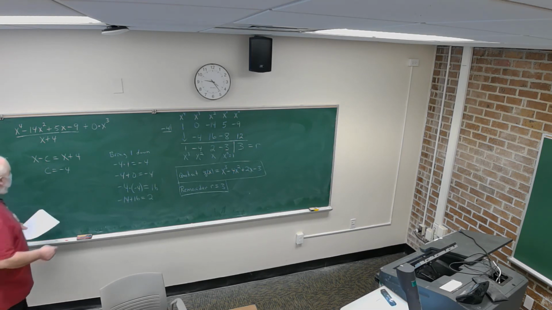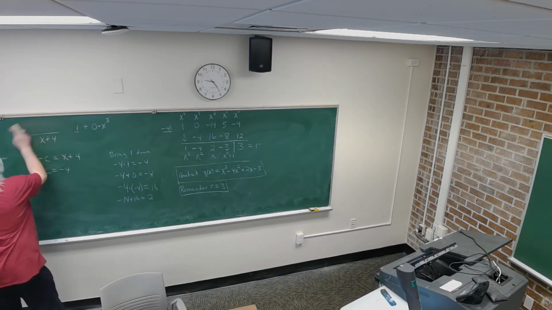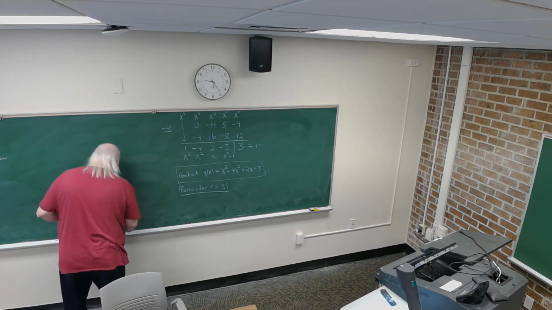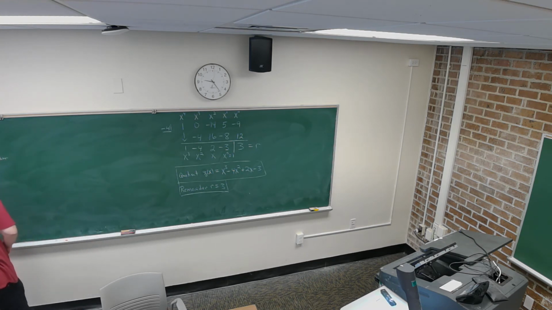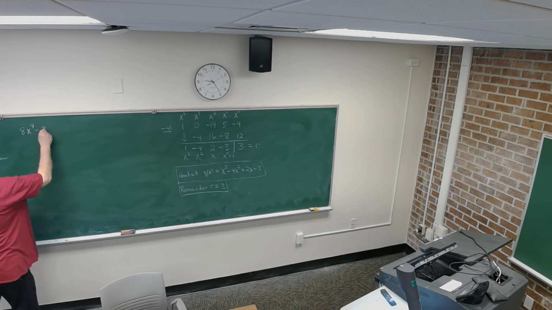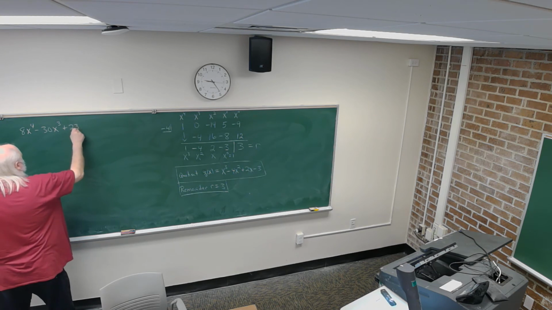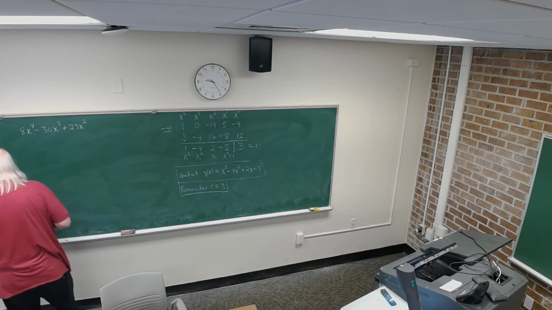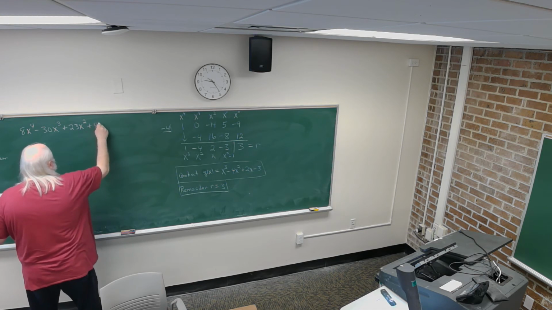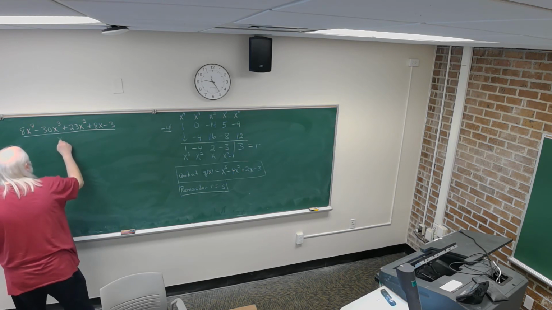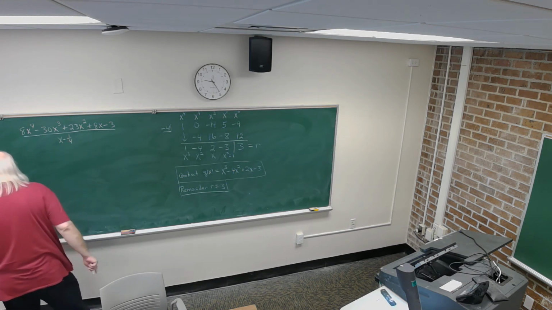All right, so let's take a look at B. So we're gonna divide the fourth degree polynomial, 8x to the fourth minus 30x cubed plus 23x squared plus 8x minus 3 by the linear polynomial x minus 1/4.